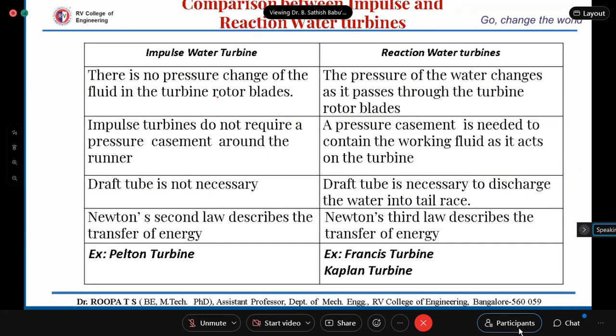If you want me to just summarize the difference between impulse and reaction turbines, it need not be water, so it is applicable for both. There is no pressure change of the fluid in the turbine rotor blades in case of impulse, because of what we use.